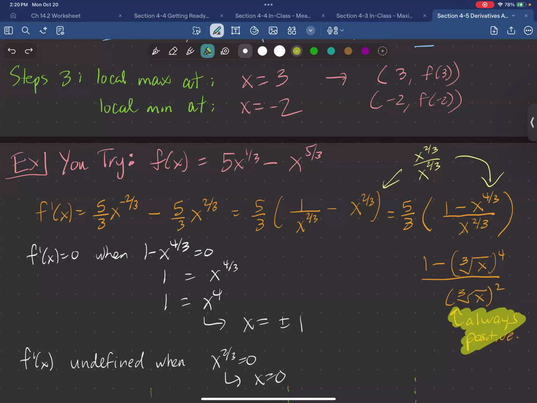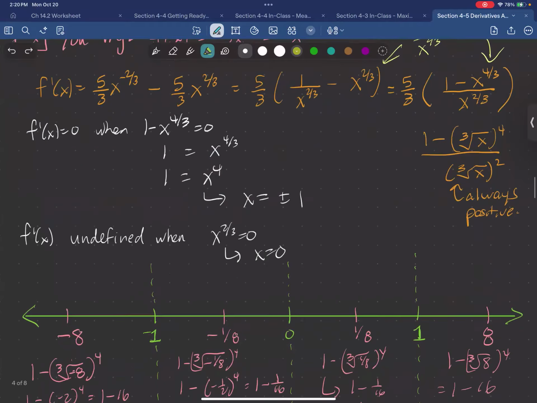Something squared is always positive as long as x doesn't equal 0. The top has 1 minus something positive, so we just have to figure out what that is. Looking at it that way helps with some later steps and simplifies the next step, where I'm doing my sign chart.